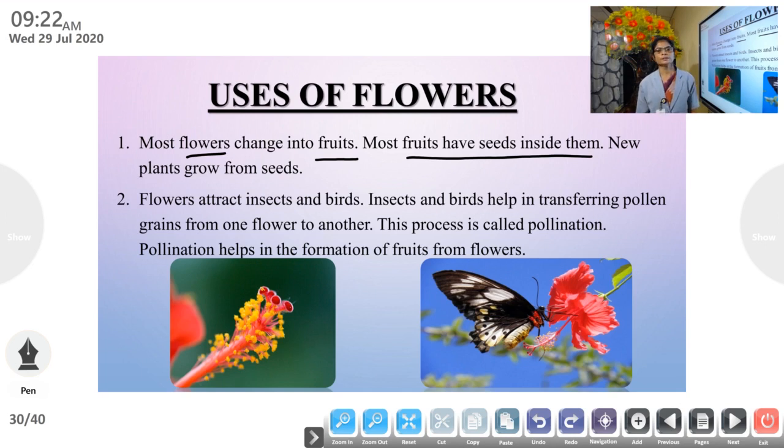Most fruits have seeds inside them. New plants grow from the seeds.